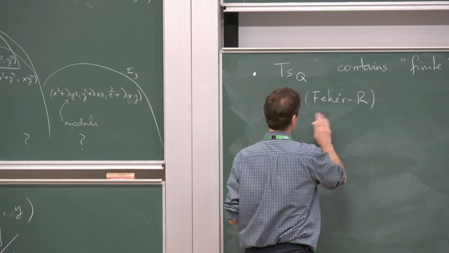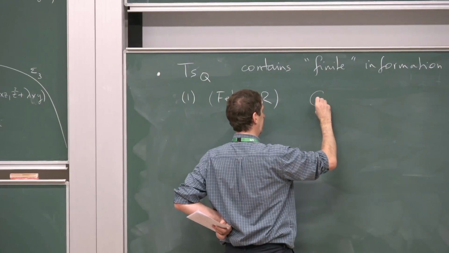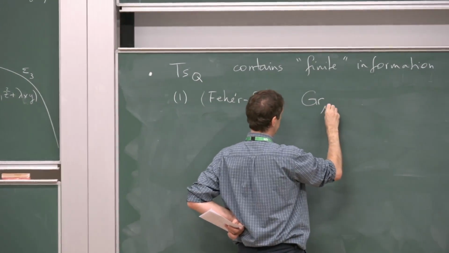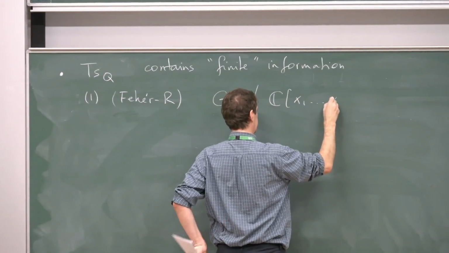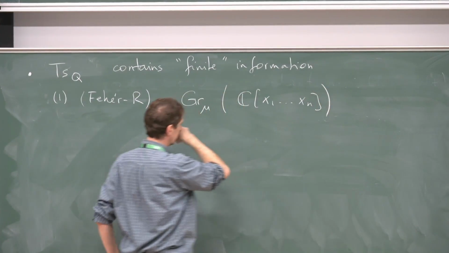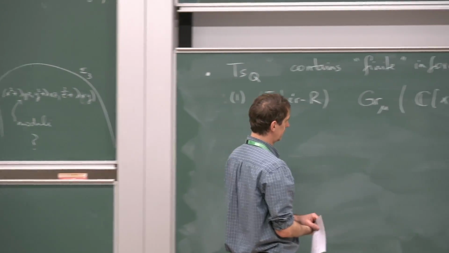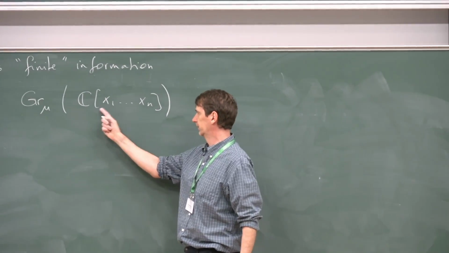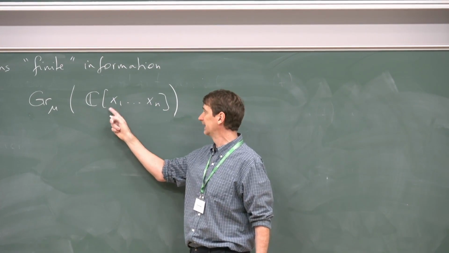Okay, so I'm not going to say the theorem, but it's the following: consider the Grassmannian of mu of a polynomial ring. This has a G and N action by reparameterizing the N space.